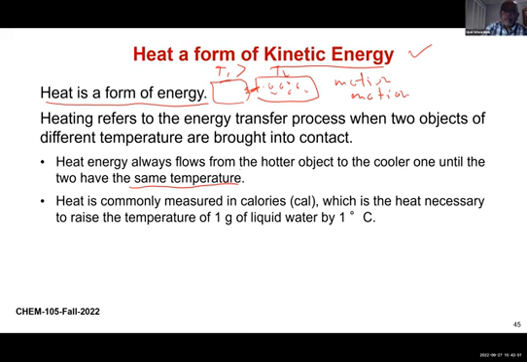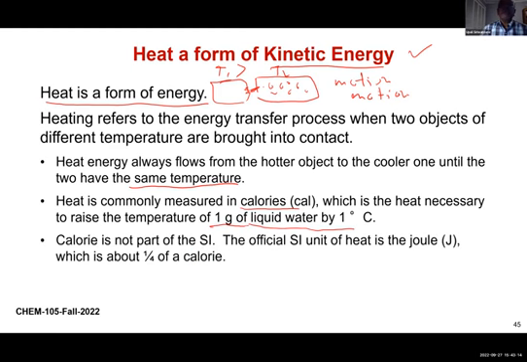Heat is commonly measured in calories. 1 calorie is the amount of heat required to increase the temperature of 1 gram of water by 1 degree Celsius. We talked about this in chapter 1.